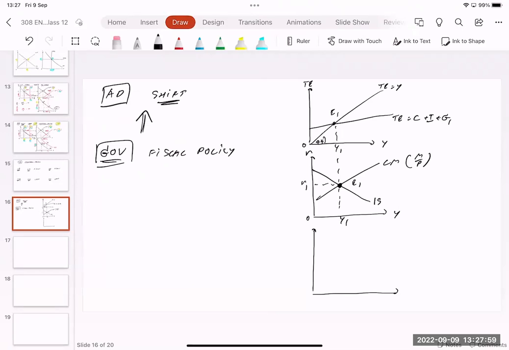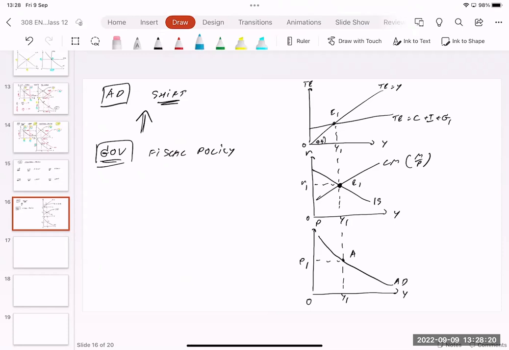Okay, just like that. Then I link it down again. Y1, this is Y and P. This is point A on the aggregate demand curve, and this is P1.